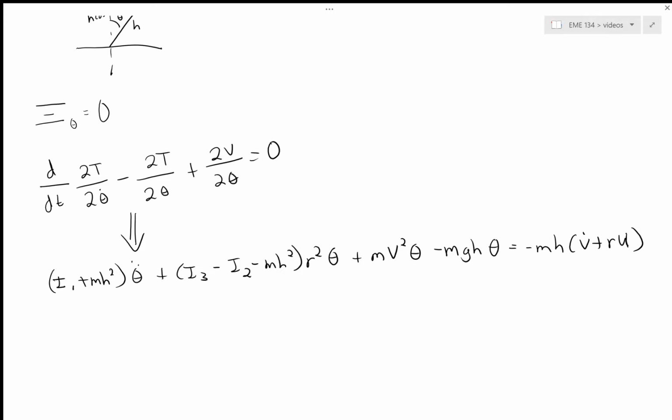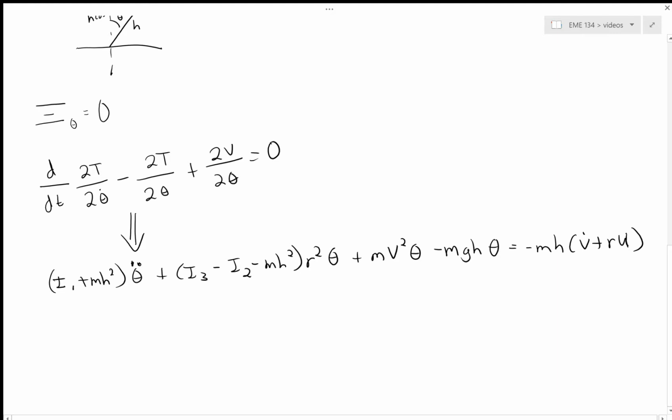Okay, so we've got this equation of motion. We can do some simplifications here and drop some terms that are small due to the fact that we're looking at small perturbations in the roll angle.